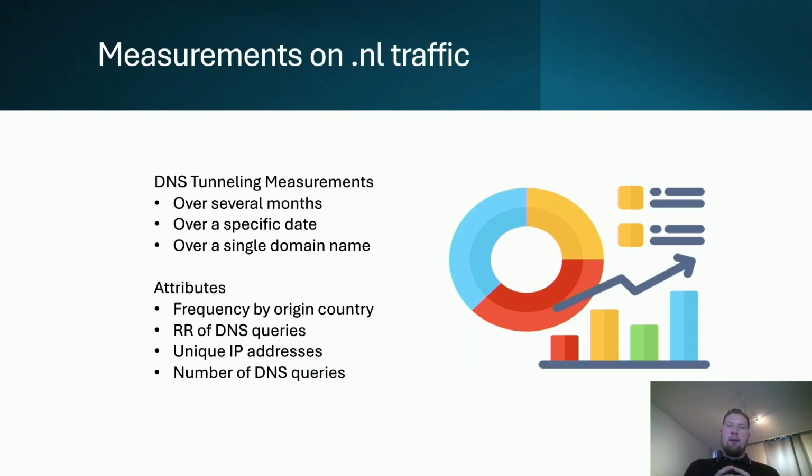So, the measurements of the DNS tunneling on .NL traffic were implemented over several months, over a specific date, and over a single domain name. The attributes of these measurements included the frequency by origin country, the resource records of DNS queries, the unique IP addresses, and the number of DNS queries.